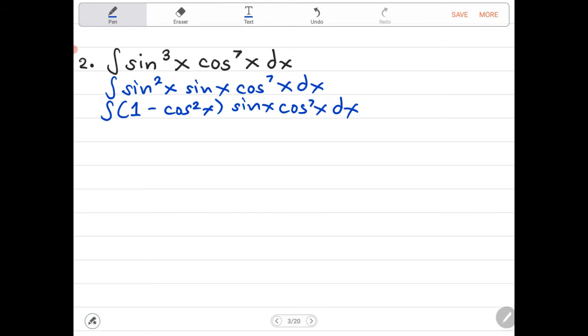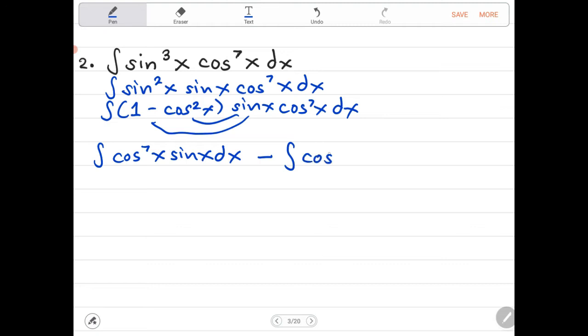Okay? So multiply, distribute. The integral of, let us rearrange, cosine raised to 7x sine x dx minus the integral of cosine raised to 9x sine x dx.